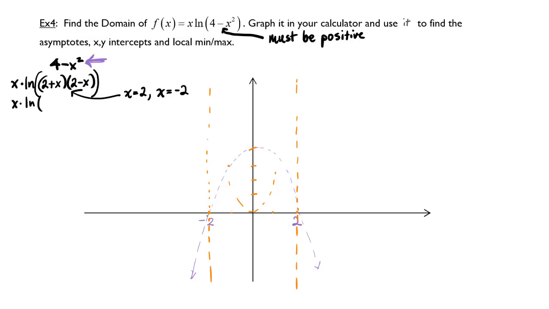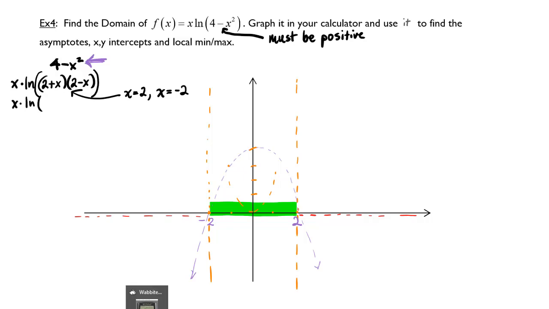When I sketch that parabola, I can have a visual on where my function is positive and where it is negative. That parabola is positive on the interval from negative 2 to 2, and it is negative everywhere else.